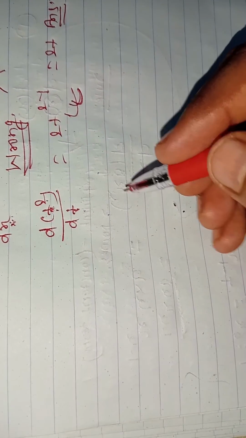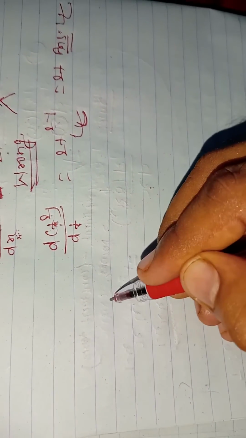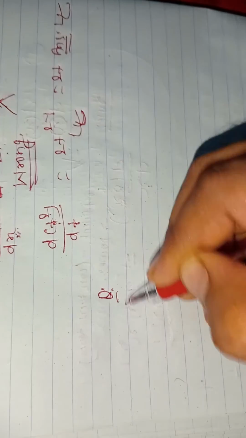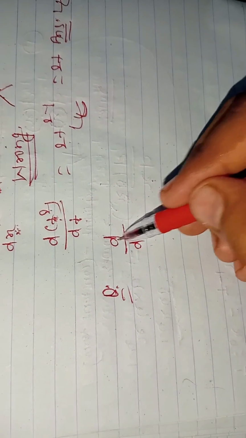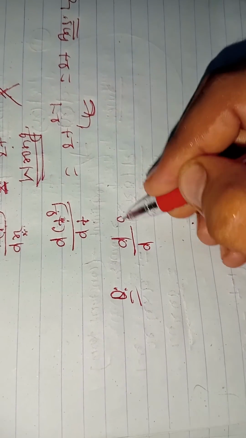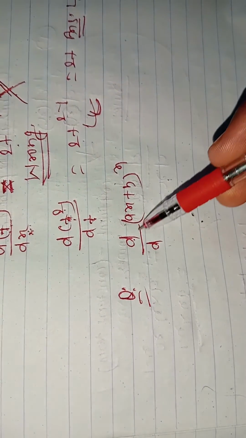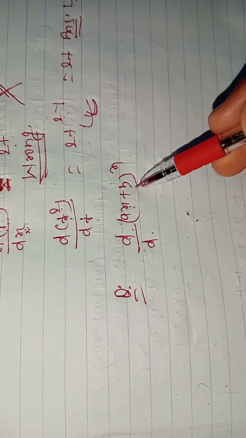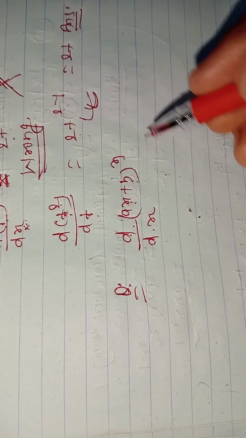Now I am going to give you another question, d by dx of (ax plus b) power n, and here is x.